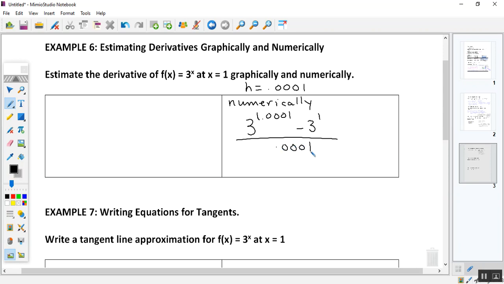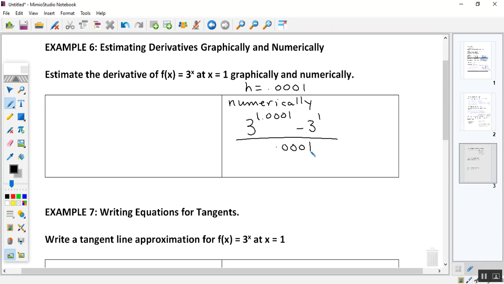I would almost offer this, kids. In your calculator, if you can go 3 to the 1.0001 minus 3 to the first. 3 to the first is going to be what value, kids? And then divide that answer by what? What are you guys getting for that? Ooh, I don't like that.